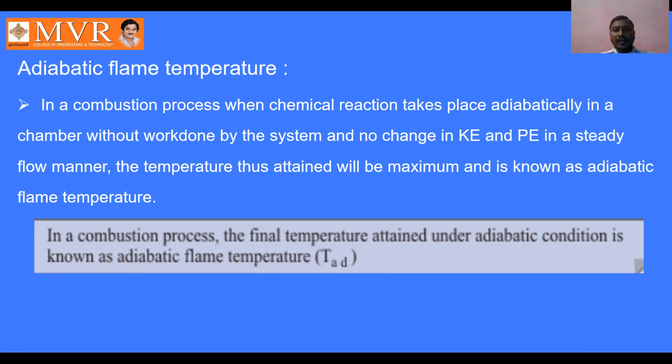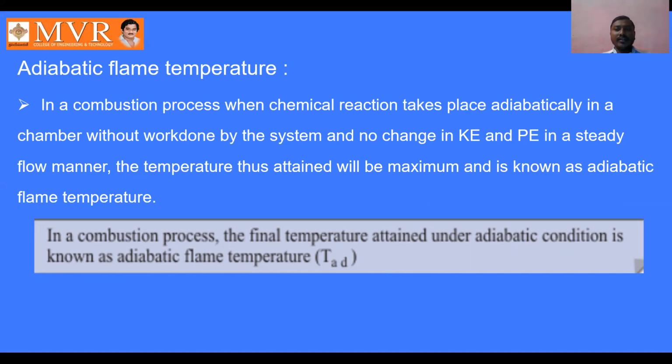In a simple manner, adiabatic flame temperature is this: when we insulate the system, no heat or air enters the system, and the heat in the system does not go out to the atmosphere.